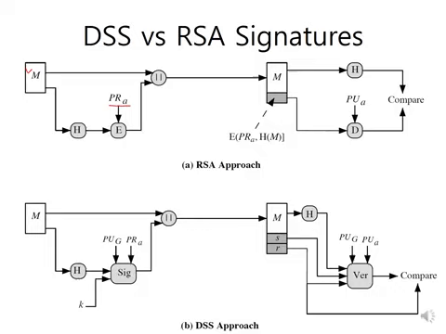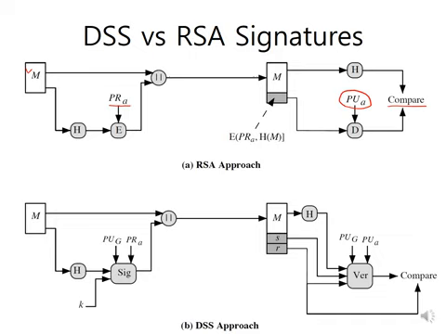Then on the receiver side, the receiver can verify the signature by decrypting it using the public key of the sender, and then perform the comparison between the received one and the calculated one. If they are matched, then the signature is valid.